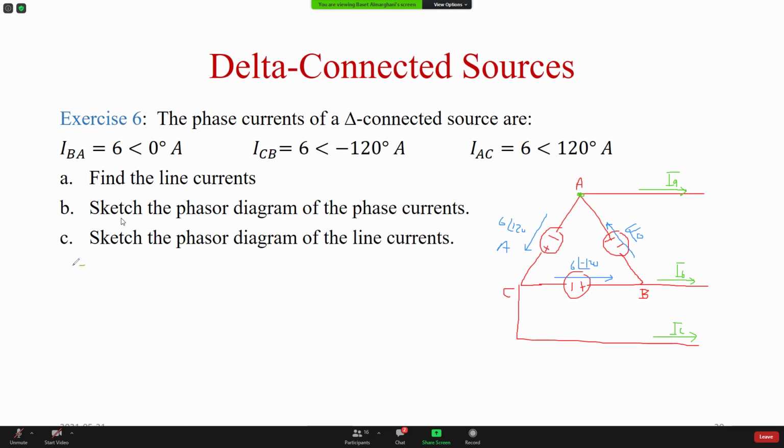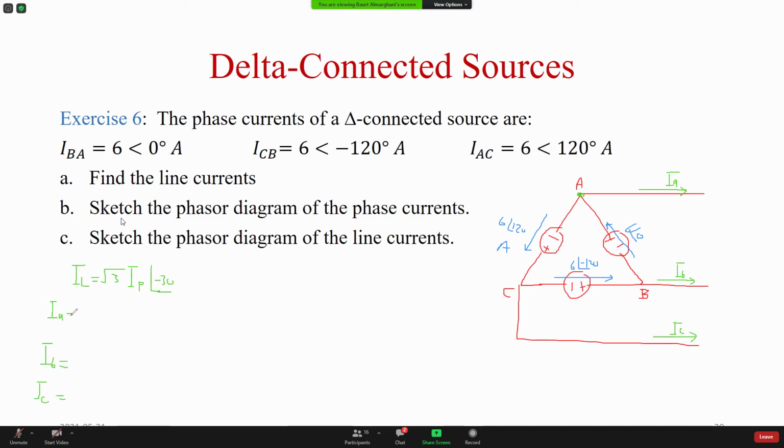And we know if they're not the same, the line is bigger by square root of 3, and there is an angle of minus 30. So if I want the line currents, the current A, the current B, and the current C, those are the three line currents.